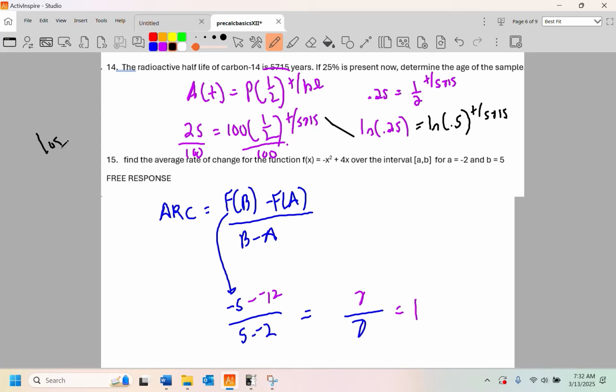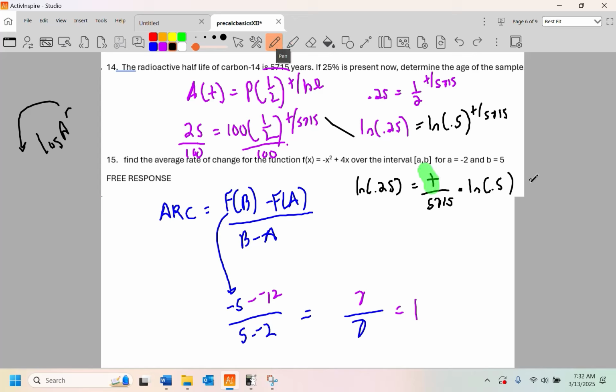Now you have a property that says the exponent of the logarithm gets shifted to the front. And your goal here is simply the isolation of that t variable.